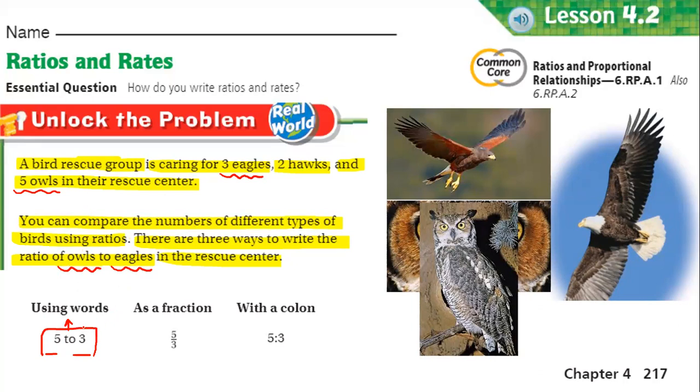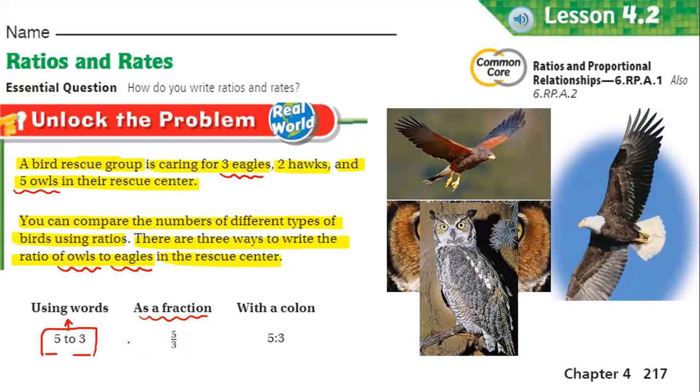This way is called using words, word form. The second method is as a fraction. You can read it 5/3 according to our fraction reading, or you can say 5 to 3.